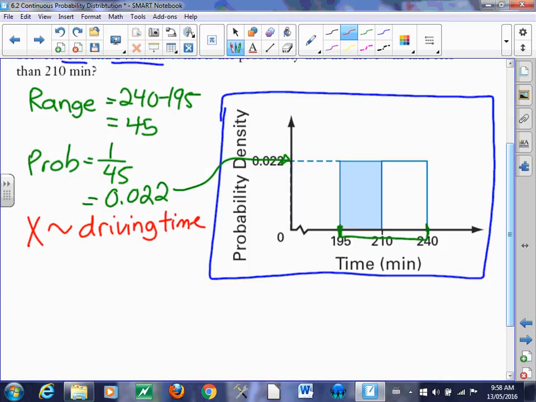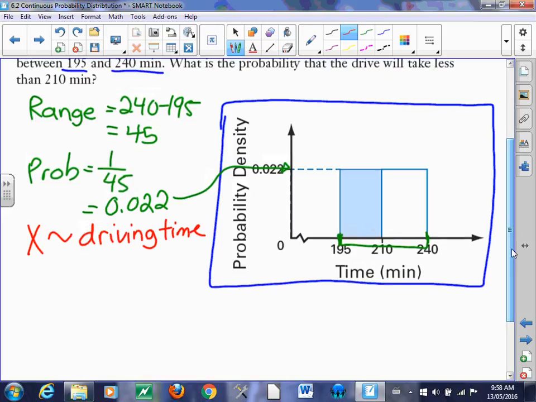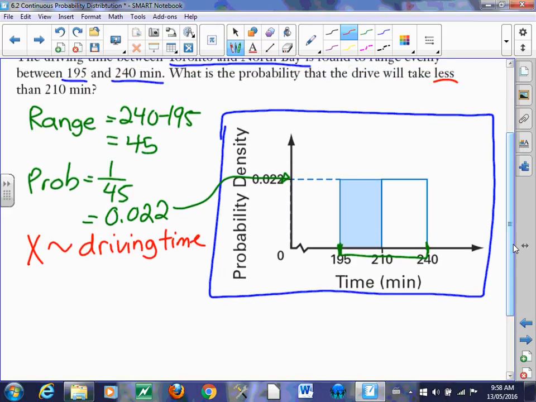We want to know what the probability is of taking less than 210 minutes. So the probability where x is less than 210 minutes. What do we need to do? We need to find 210 here, and that's why that diagram was given.